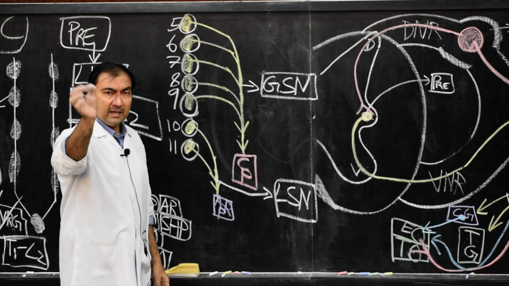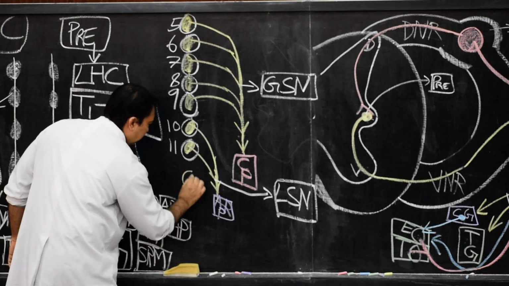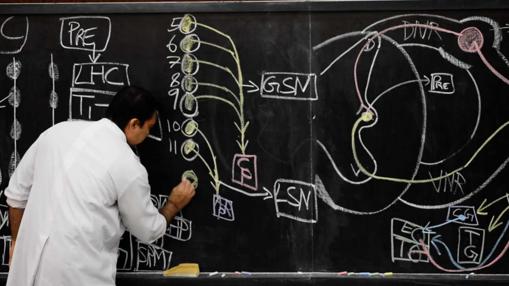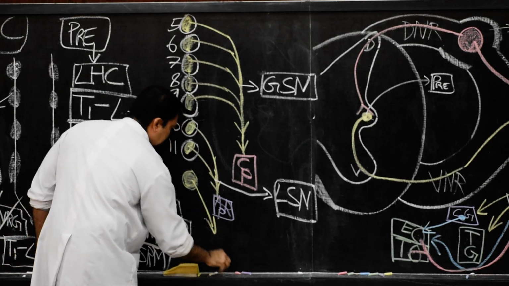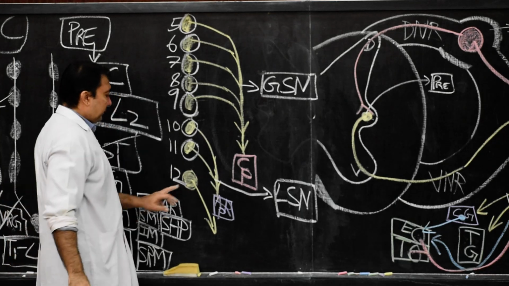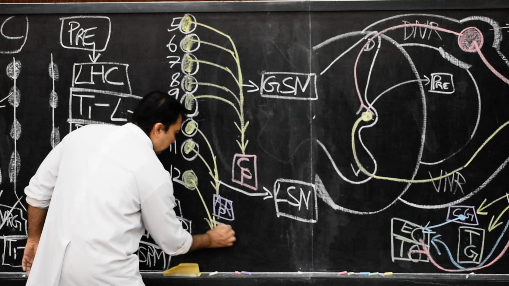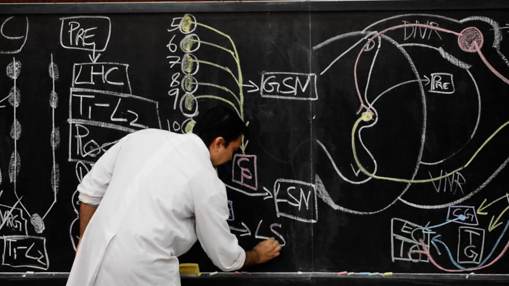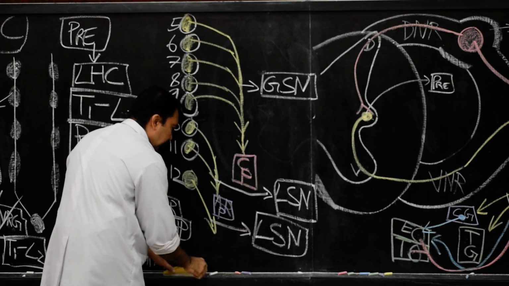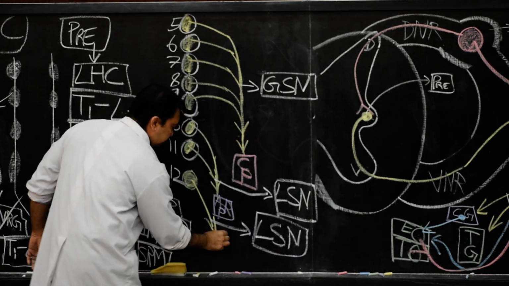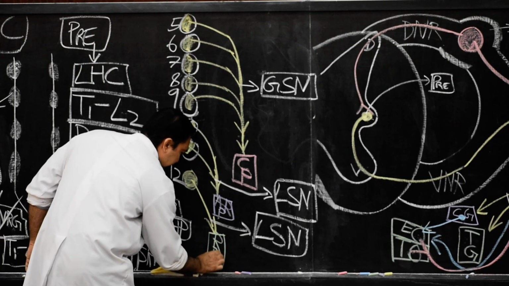And now the last one, that is ganglion number 12. And here, if I simply show it, the medial branch of the thoracic sympathetic ganglion number 12 will form, what will it form? Least splanchnic nerve. And where it will terminate? It will terminate in renal plexus.